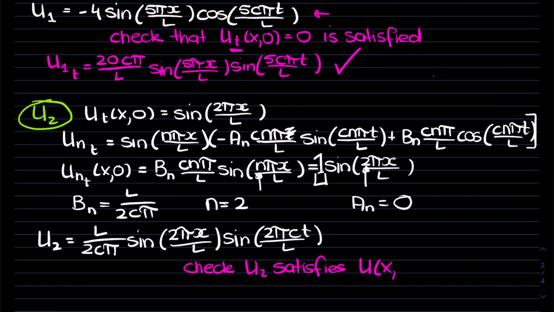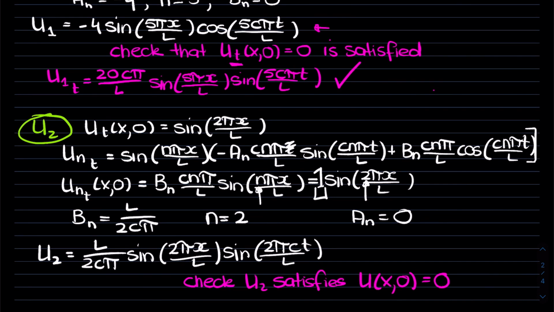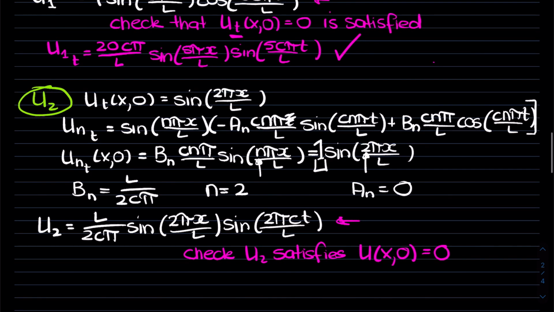You'll see that if we plug in t equals 0 into u2 here, that whole thing will just vanish because of the sine function. So we can see automatically that that is satisfied.